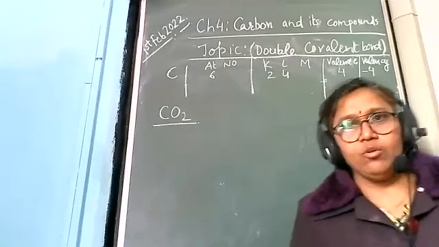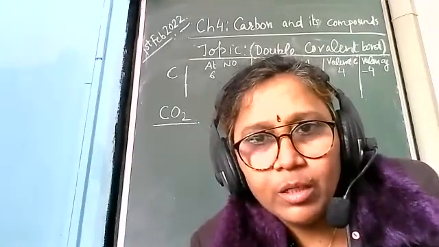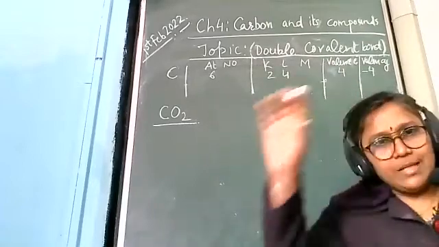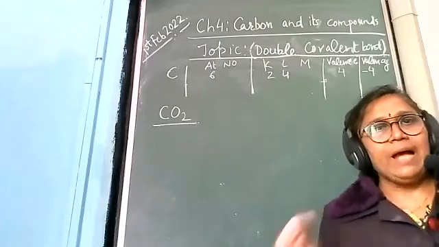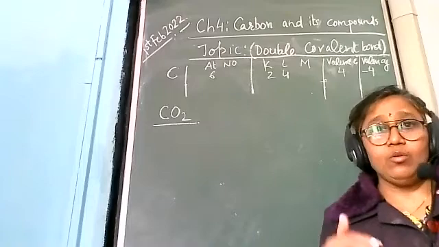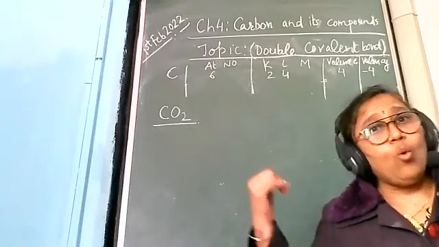In 9th class also you learned that atoms try to gain the stable gas configuration either by losing or by gaining electrons. There we discussed ionic compounds. Here we are discussing covalent compounds.